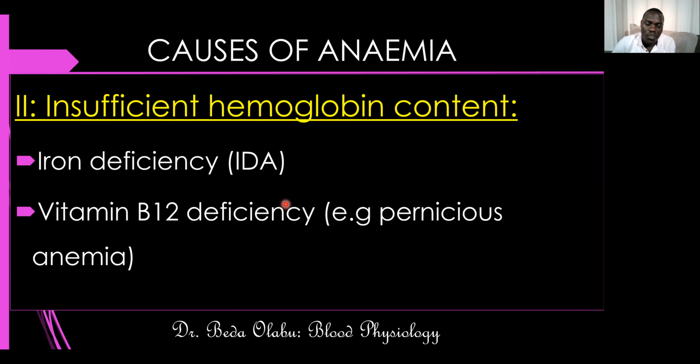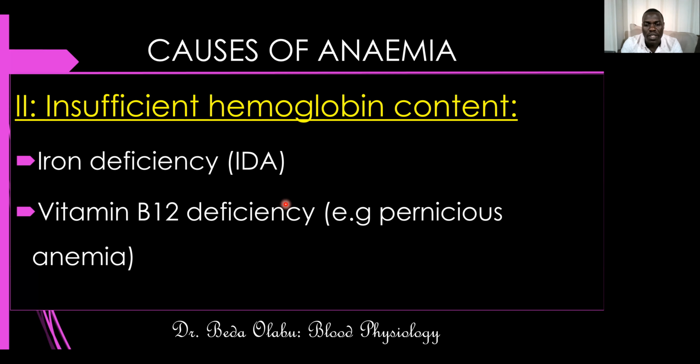Now, vitamin B12 is usually obtained in the diet, but for our bodies to absorb vitamin B12, we need something that is produced by the stomach. We call it the intrinsic factor. This intrinsic factor binds with vitamin B12 that is in the diet and then promotes its absorption by the small intestines. So think about it.